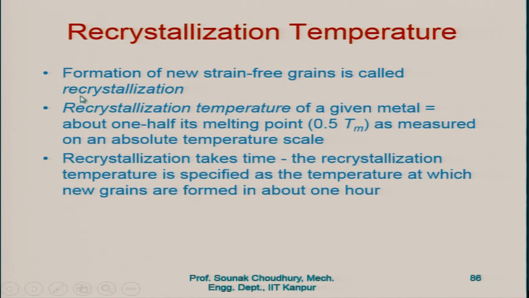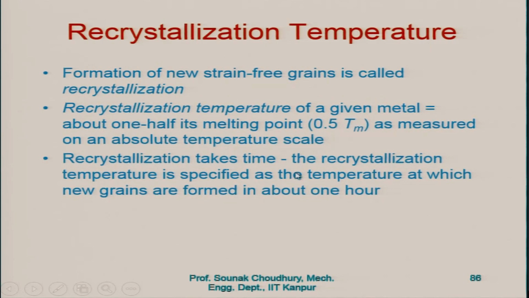It is defined as the formation of the new strain free grains, this is the recrystallization process, and the recrystallization temperature of a given metal is about 1/2 its melting point, 0.5 into Tm. Tm is the melting point as measured on an absolute temperature scale.